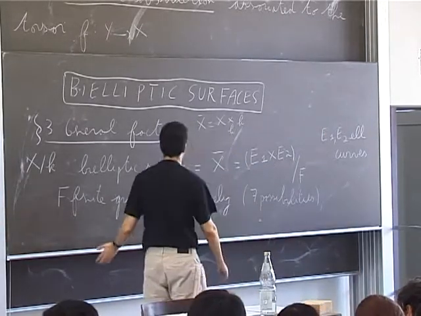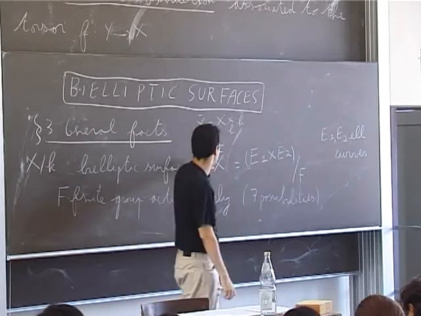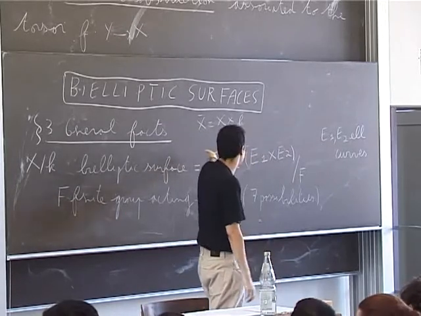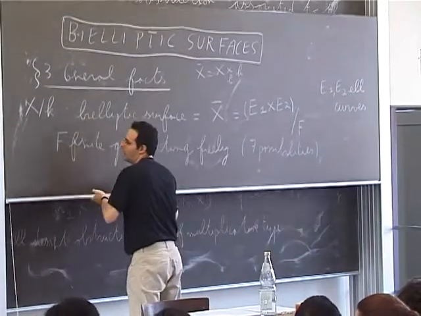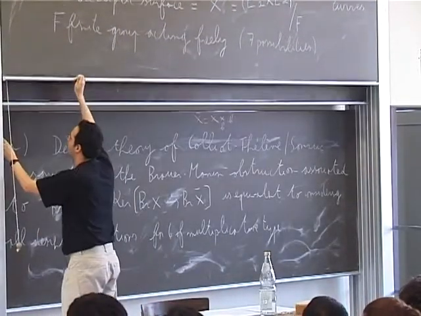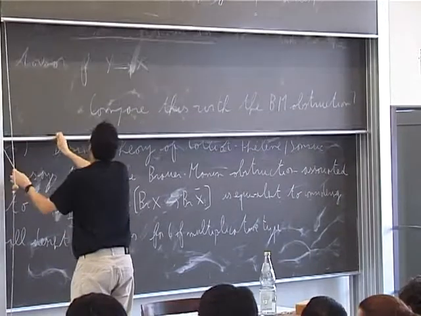So this is what a bielliptic surface is. It's one type of surface of Kodaira dimension 0. I can say a little bit more about the geometry of such a surface.